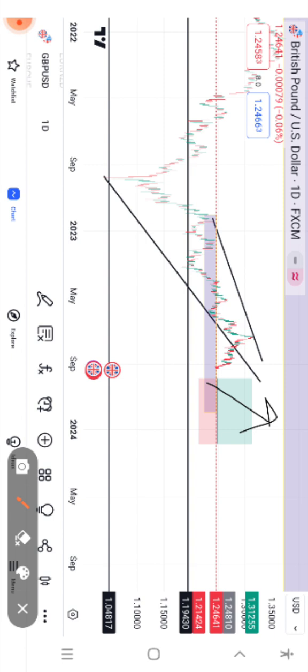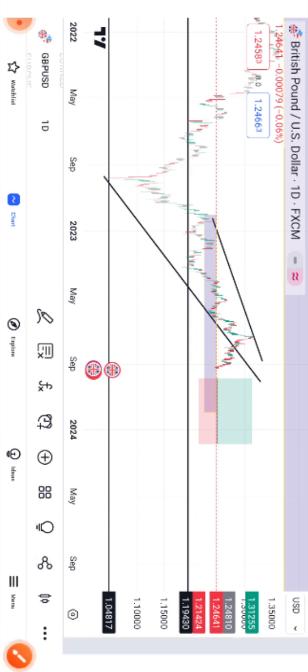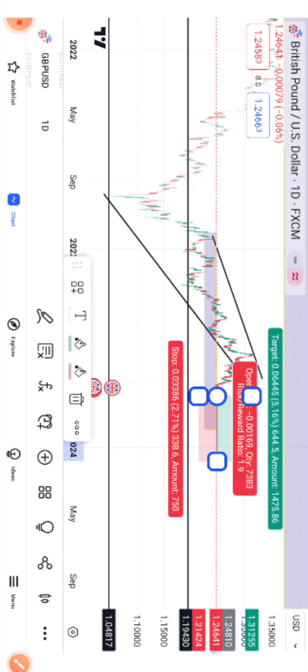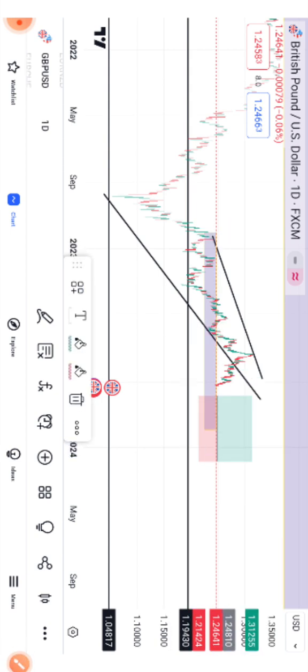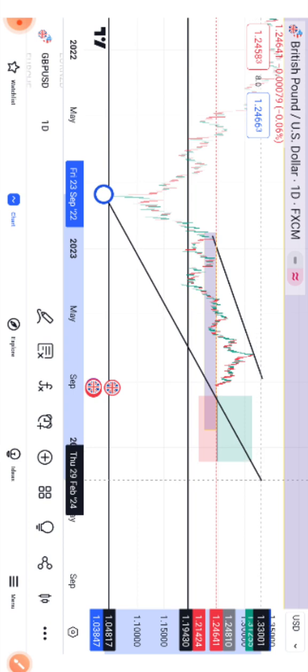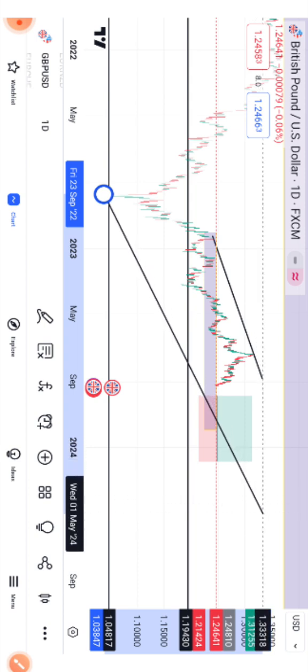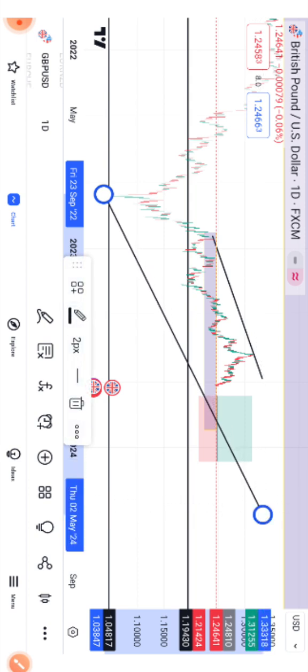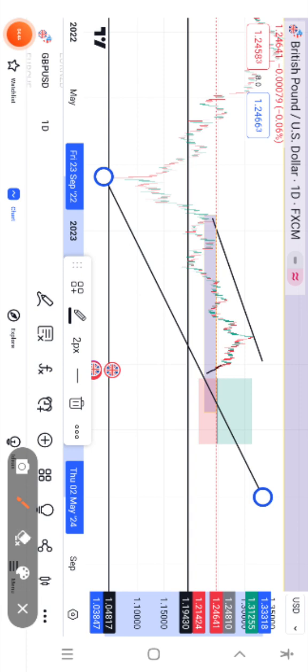Because the market is trying to do a kind of market expansion. If it reaches this point here, then we're going to be buying the market all the way up from here, because remember, this zone right here is very important.